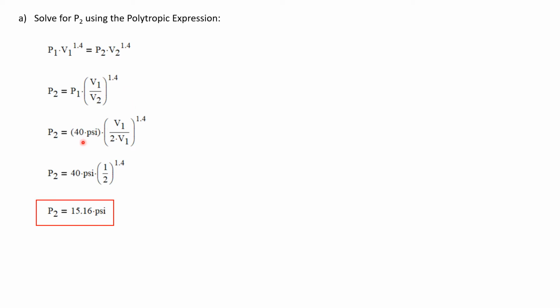We can plug in values. We know P1 is 40 psi. We have V1, and V2 is just 2 times V1, and all that raised to the 1.4 power. So now I've got P2 is 40 psi times just 1/2, the V1s cancel. We have 1/2 to the 1.4 power, and I calculate that P2 is 15.16 psi.